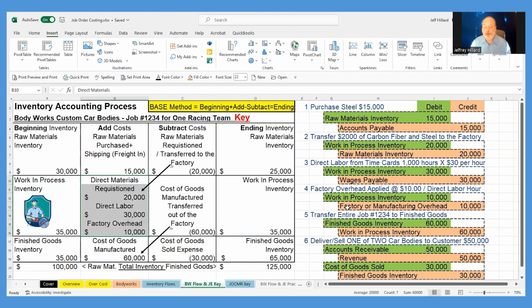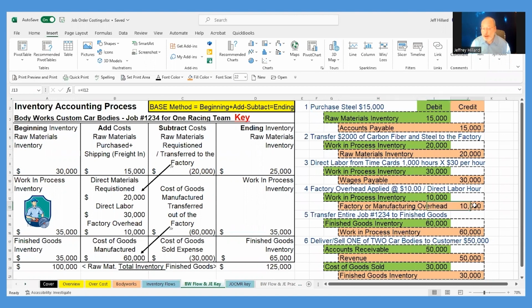And we're going to debit work in process inventory, just like we did before with direct labor and direct materials. We're going to credit this new account, factory or manufacturing overhead. This is a type of inventory account, but we're going to credit it when the actual expenses come in.